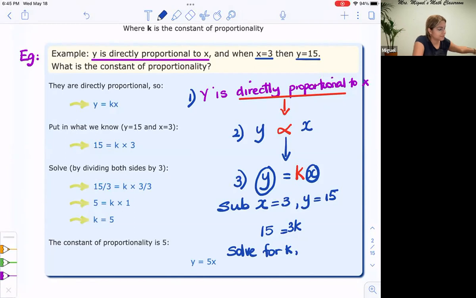Tell me when you have an answer for K. Three bottles of water cost $15. How much for one?